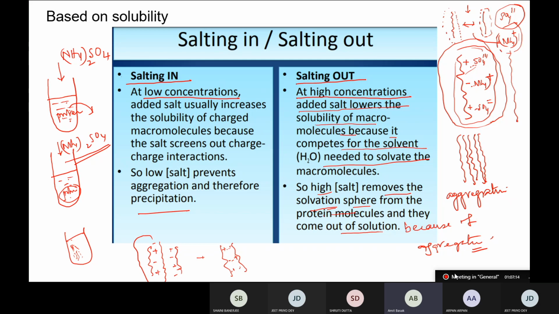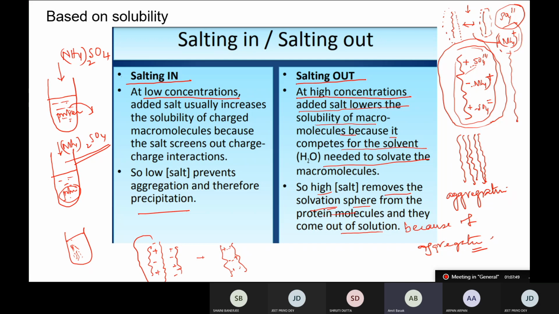If you have two protein molecules A and B, if A is more hydrated than B, then B will come out first as you add ammonium sulfate more and more, and you stop as you see that B is coming out. Then after all B has come out, you add more ammonium sulfate, and finally A will also come out. Okay. So that is salting in and salting out. I hope this is clear. Any question here?